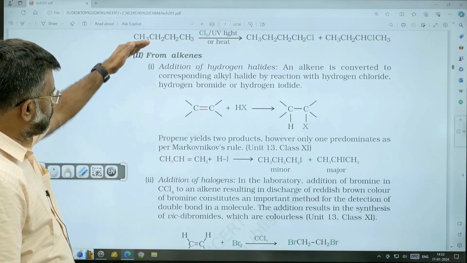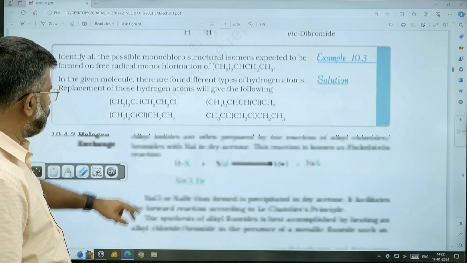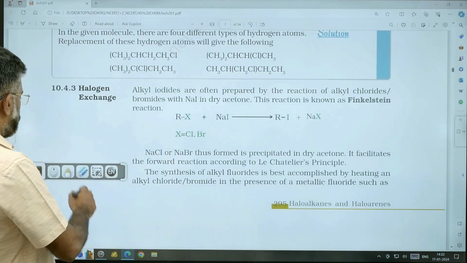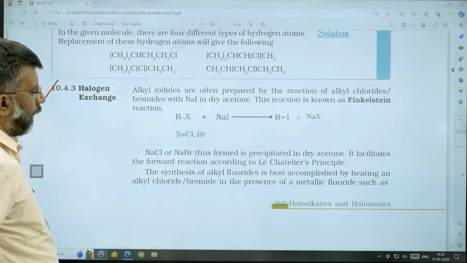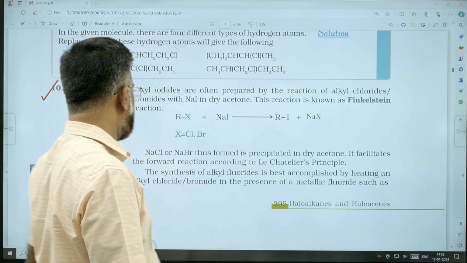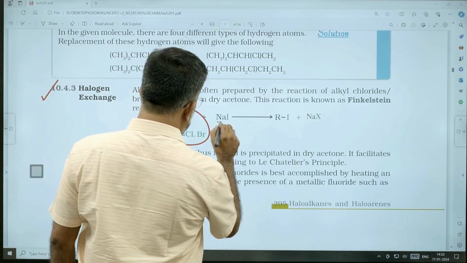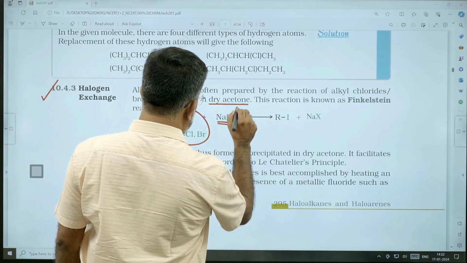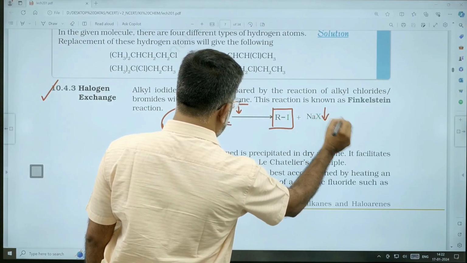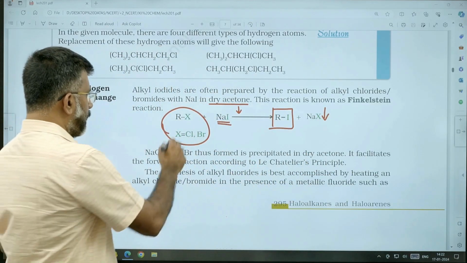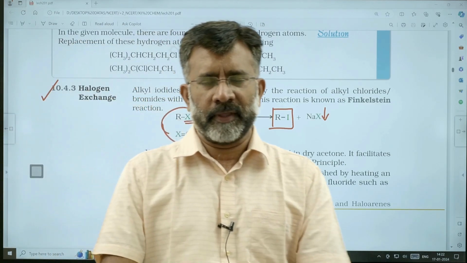So that is explained over this region, addition of halogen, all these things we have discussed. And now there is the halogen exchange reaction, a very popular reaction. Already it was commented a few minutes back.